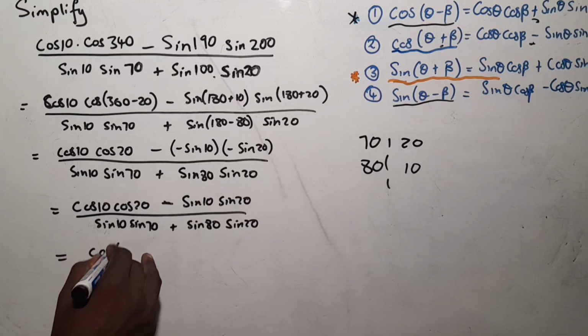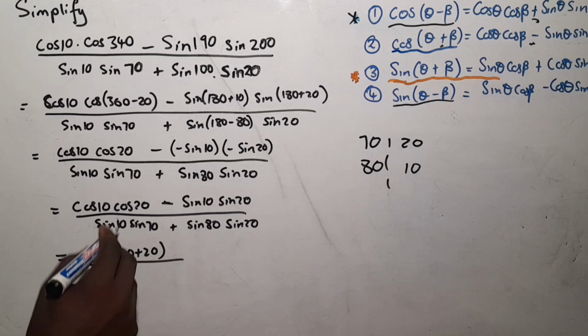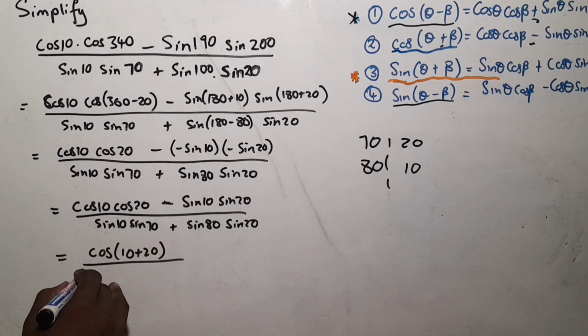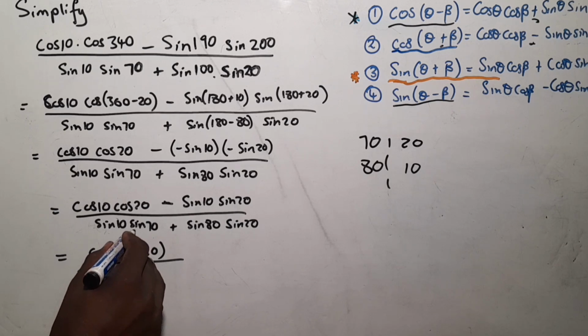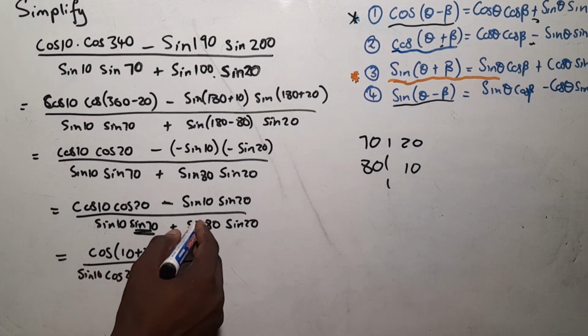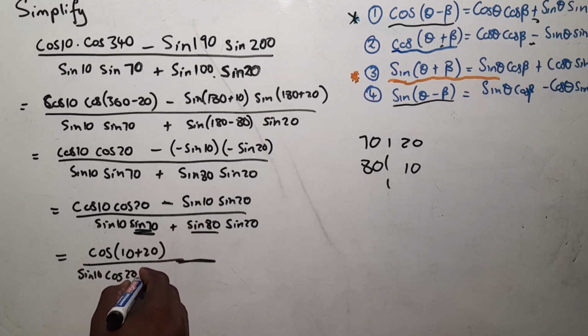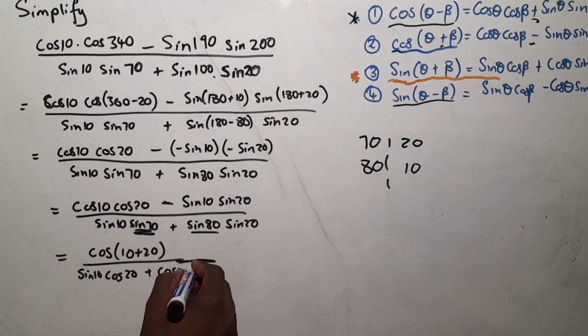So that will be cos 10 plus 20 all over, and here we can change, and this can be sine of 10 and then cos of 20 after changing this, right? And we can also change this. This can be cos of 10, and lastly that will be sine of 20.